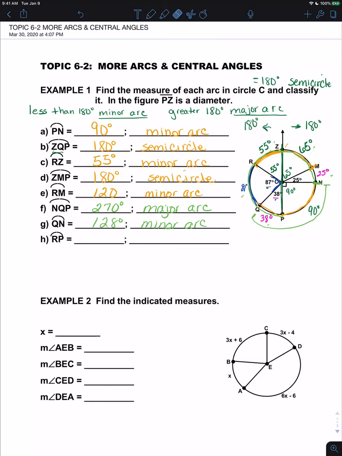R to P is going to go from here, here's my R, all the way around to my P going in this direction, so it's 87 and 38. It's 125 degrees. So that is another minor arc.